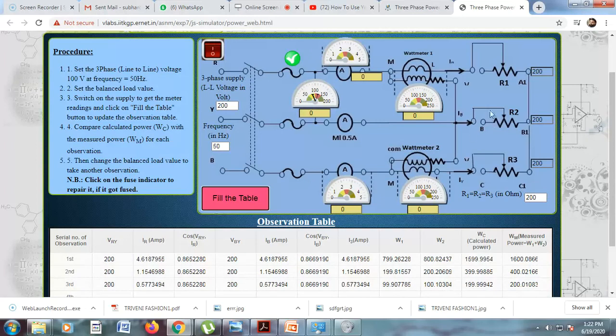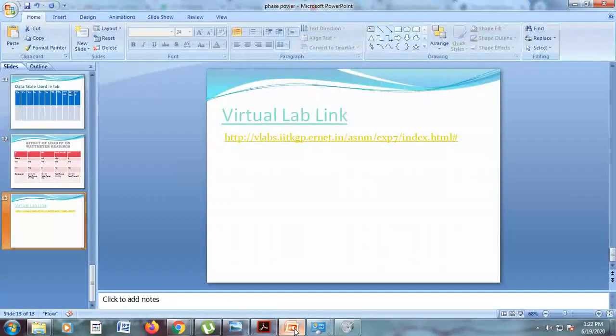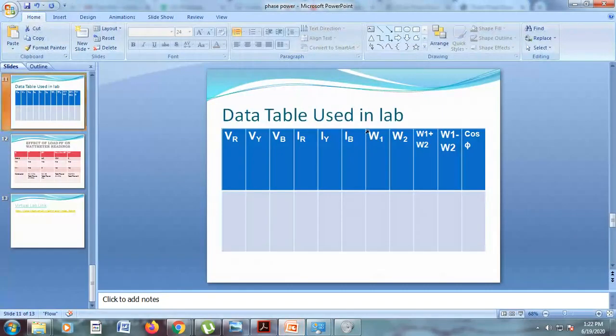Okay, this is the virtual lab simulation diagram, and we use the same circuit in our lab. Now, the previous slide: this is the data table used in the lab. You can see the individual voltages, that means the phase voltages VR, VY, and VB, and the current in each phase IR, IY, and IB, and W1 and W2.